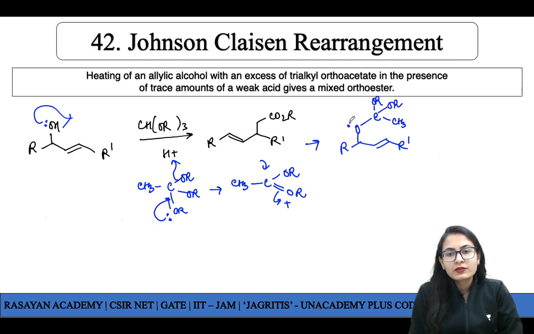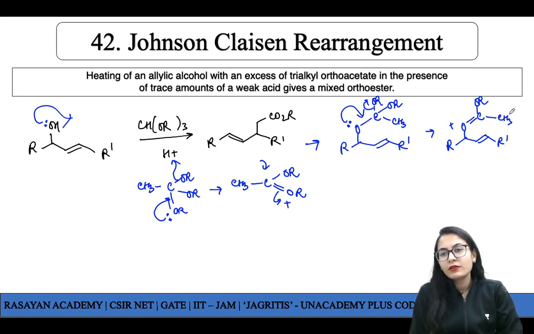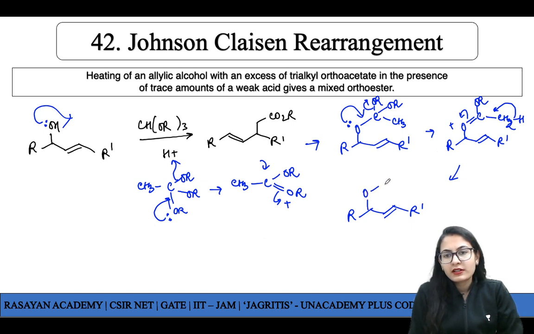The oxygen once again attacks and removes the other alkoxy group and a double bonded oxygen. Yes, this is perfect. Now you lose a proton from this side, and the oxonium ion once again comes back for the formation of a similar molecule, that is the allyl vinyl ether system, just that you also have an extra OR group over here.